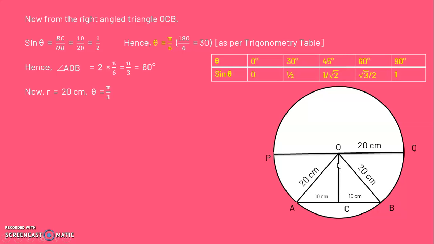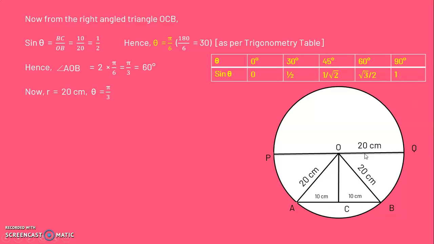So we all know that sine theta will be the opposite side divided by hypotenuse. These formulas I have given in previous videos, that is basic trigonometric formulas part 1, so please refer to that.